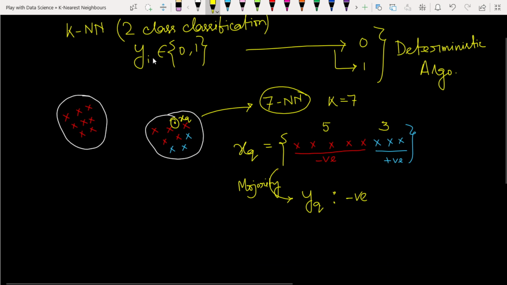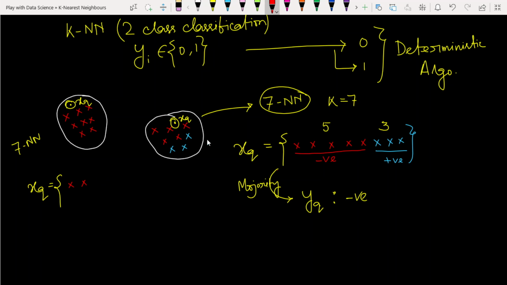But suppose our query point XQ is in this region. If we take the same 7NN in this region, out of 8 points, all 8 points are negative: 4 5 6 7 8.